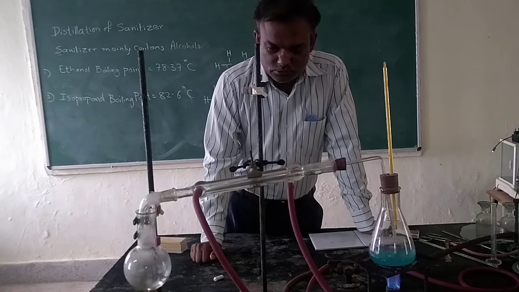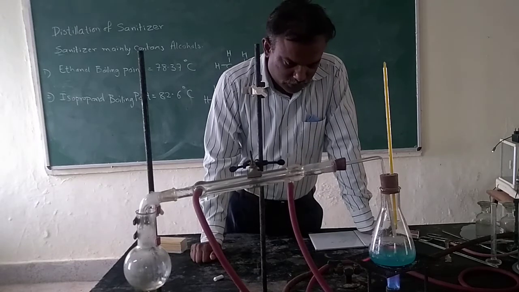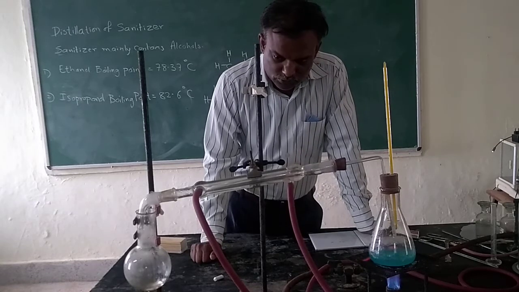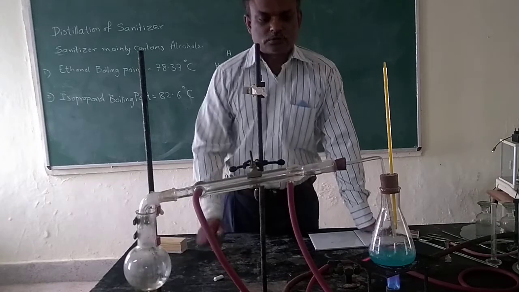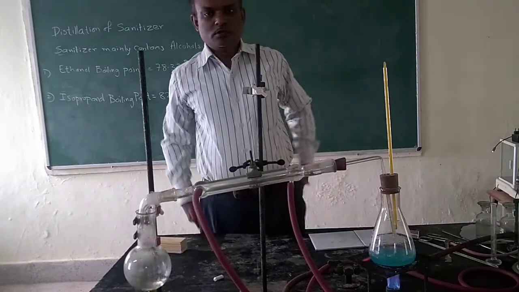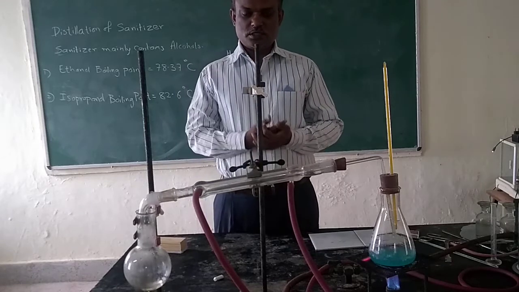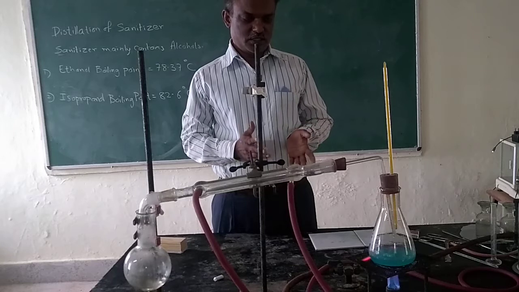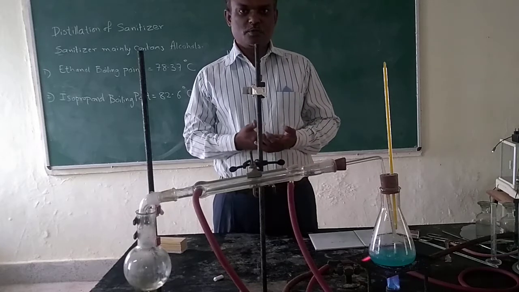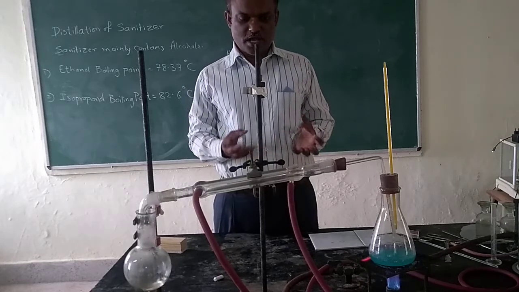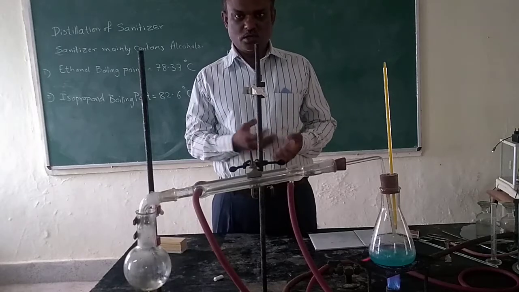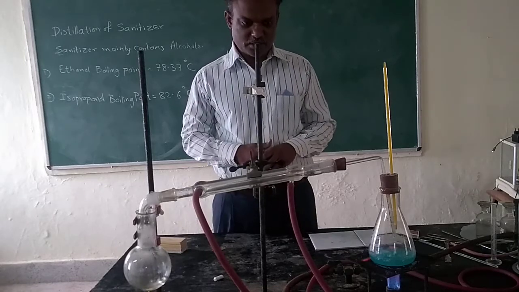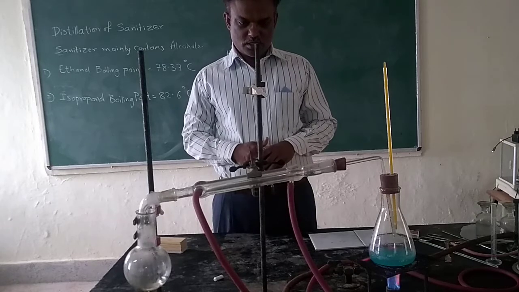This is the isopropanol which is present inside the alcoholic sanitizer. So from this experiment we conclude that the alcoholic sanitizer contains isopropanol, and it has added color. Color is not the original color, it is added color in the sanitizer.